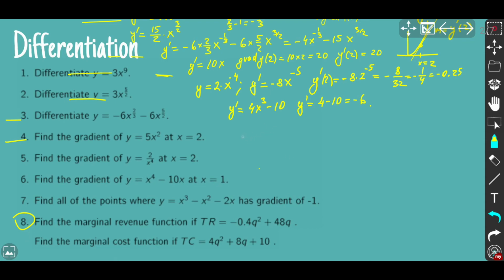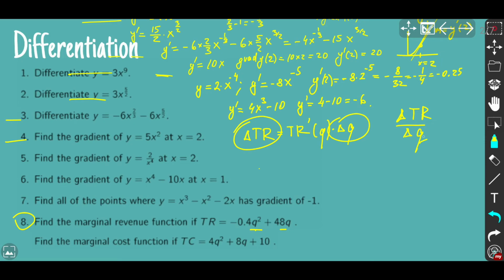And so marginal revenue is basically delta TR, where you have an increase in total revenue. So basically, it should be equal to the gradient or rate of change in revenue. So I'll write that total revenue prime from Q, because it depends on Q, times delta Q. So the marginal revenue becomes the rate of change. So that's why it's delta TR over delta Q. It's more economic terms, maybe finance terms.